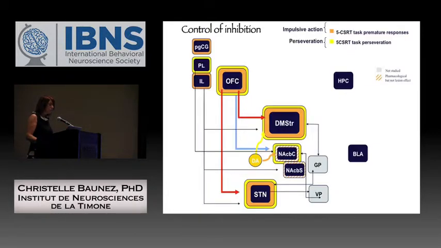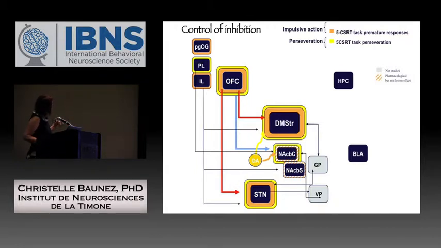And then with Dawn Eagle, we've written this review looking at the control of inhibition system in the rat brain. The first step was to look at which lesions in the brain induce the same deficits, increasing premature responses and perseverative responses in the 5-choice task.